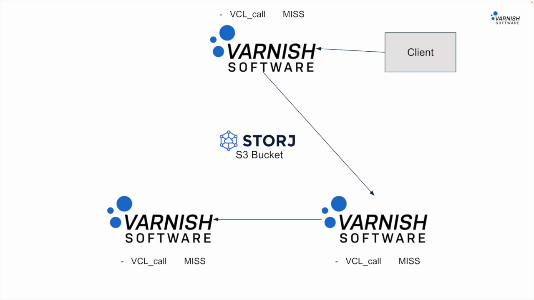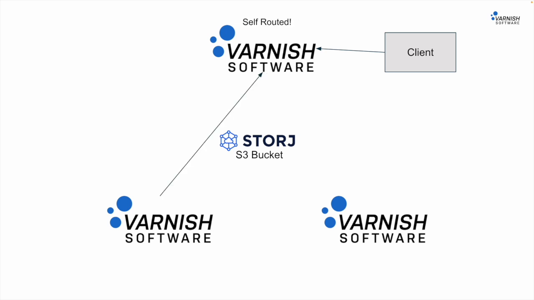If none of the nodes have the object, then the request will self-route back to the original node. When Varnish detects it is self-routed, it will fetch the request from the origin. Any request for this object from our other nodes will then end up fetching it from our cached Varnish instance here. Using clustering, you end up maximizing your caching footprint, creating dedicated caches for different objects.